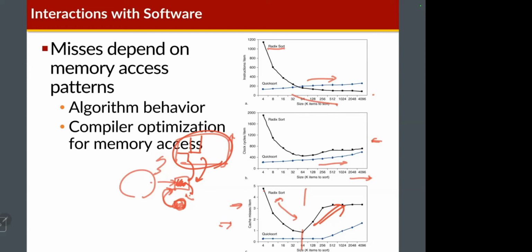So when the data size is increased, the miss rate can also increase. If we see the result of the radix sort, the miss rate is reduced.